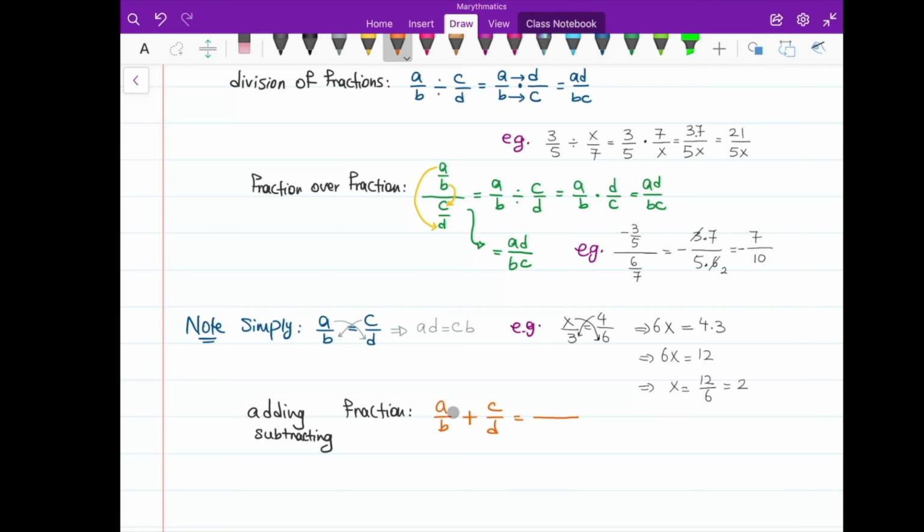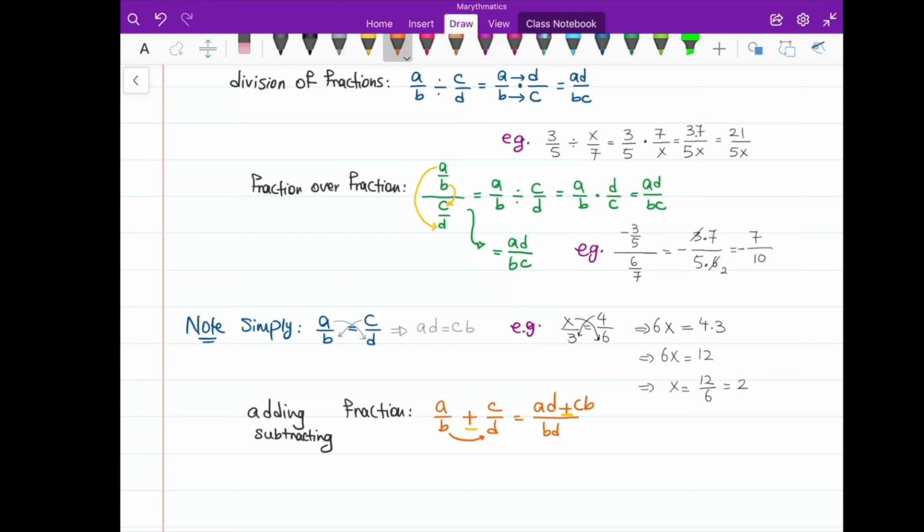The common denominator that I always recommend to my students, because it's so fast, is just to multiply both denominators, b and d, okay? So basically I multiply these two, that's my common denominator, and then I do the cross multiplication. You see, a times d plus, because I have a plus in here, and then c times b. If I have a negative sign in here, I'm going to put the negative sign in here.